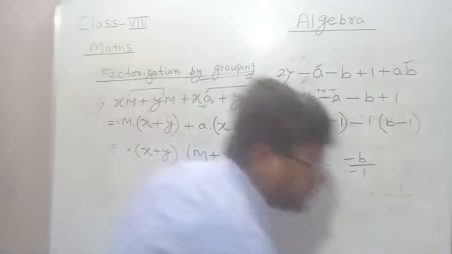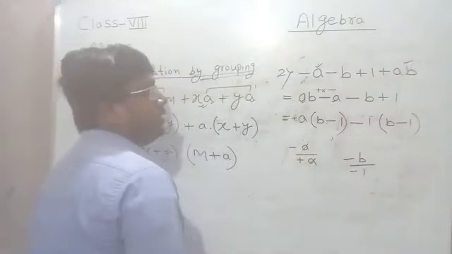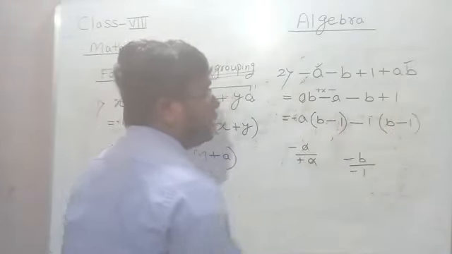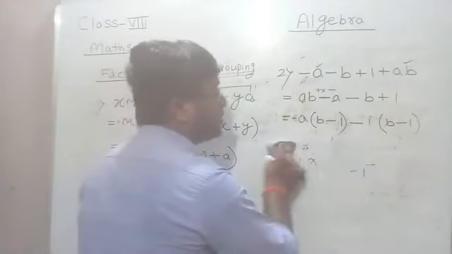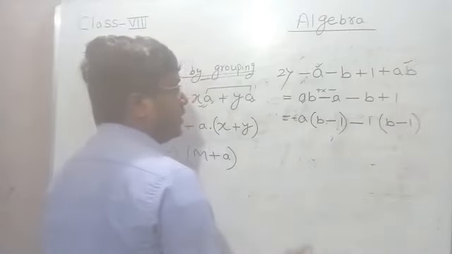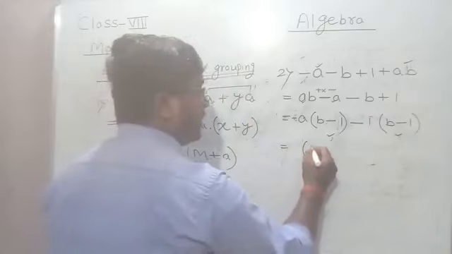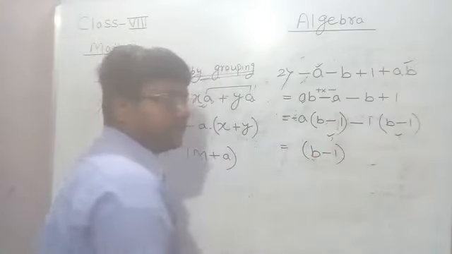Now let's see this question. It is reduced to two terms now, first term and second term. From these two terms, what can you take as common? See the brackets here: b minus 1 can be taken as common.